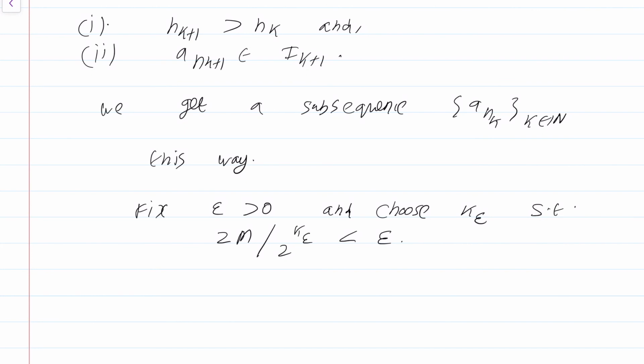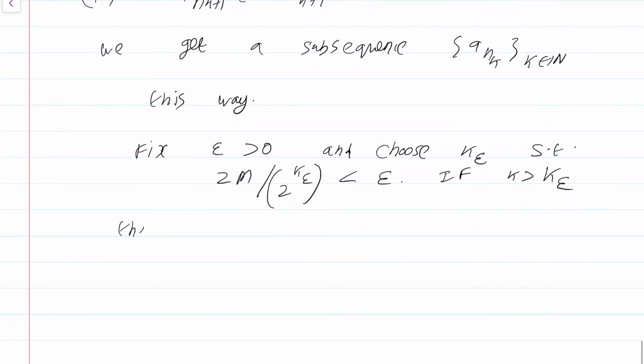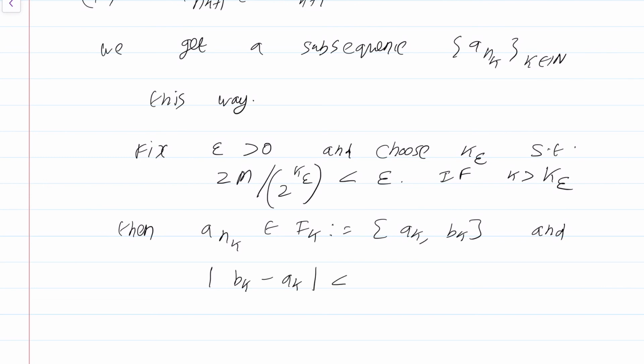Just choose k epsilon so large that this holds. This can always be done. If k is greater than k epsilon, then a_{nk} is an element of Ik by our choice, which we'll just call [ak, bk], and the modulus of bk minus ak will have to be less than epsilon.